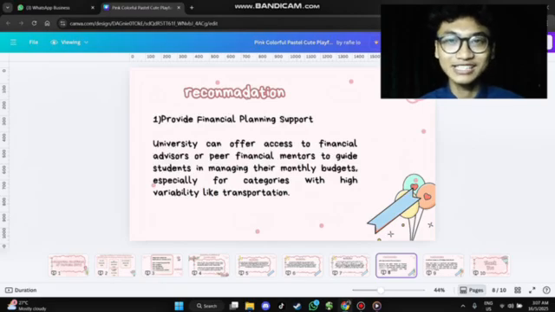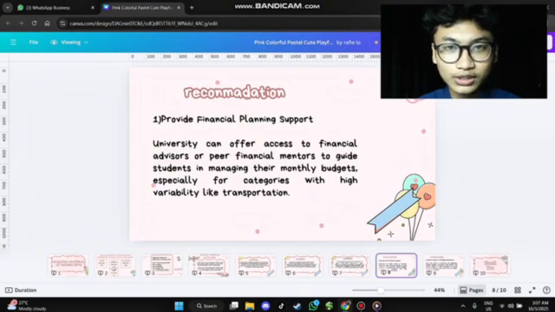So the recommendation is, we need to provide financial planning support. For example, the university can offer access to a financial advisor or peer financial mentor to guide students in managing their monthly budgets, especially for categories with high variability like transportation.